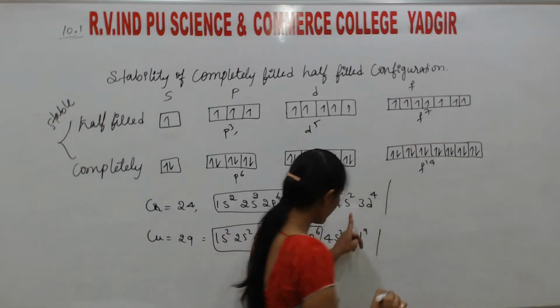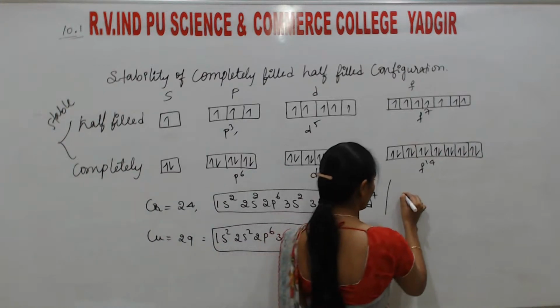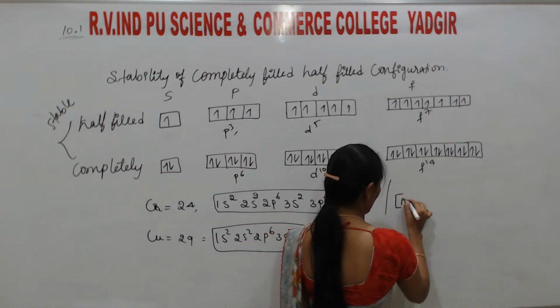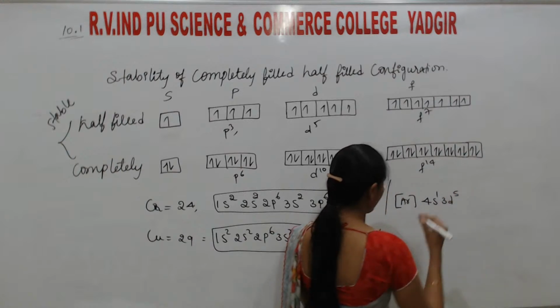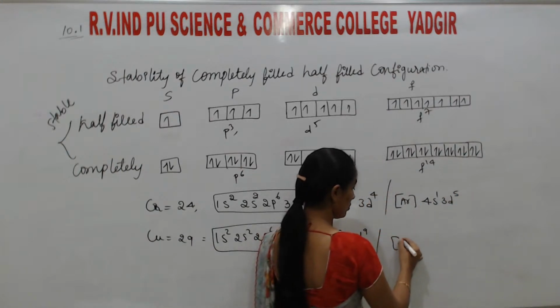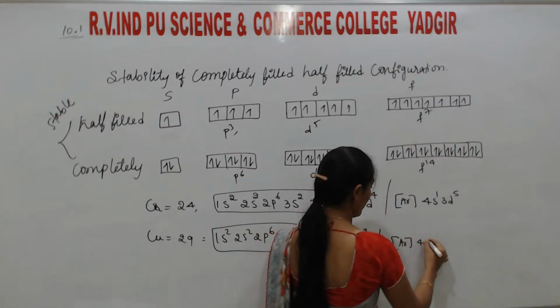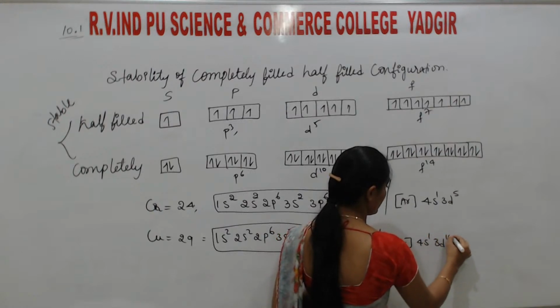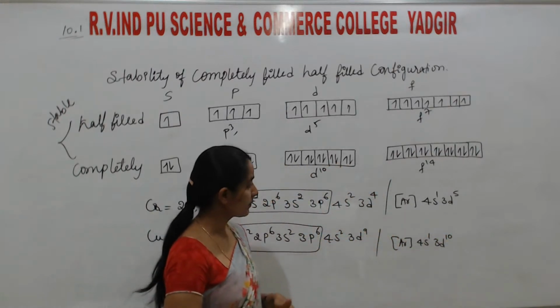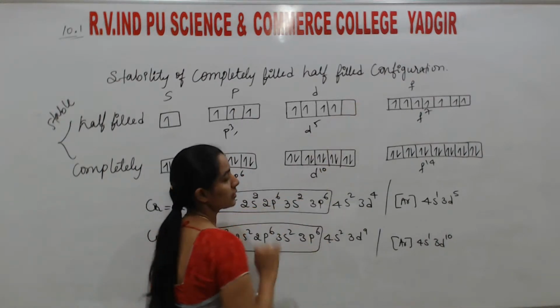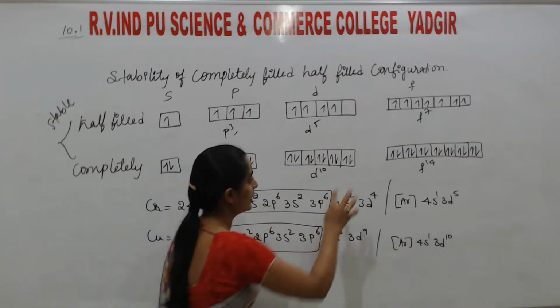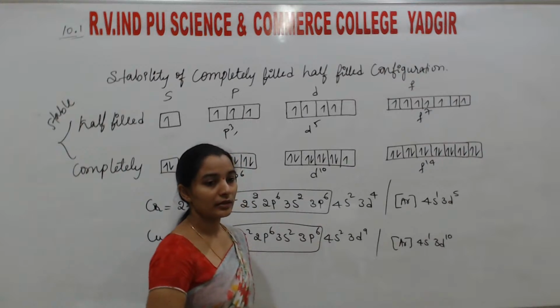So this configuration changes to argon 4s1 3d5, and this one changes to argon 4s1 3d10. Because when it is 3d4 configuration, it is like this, and when it is 3d9, it is like this.